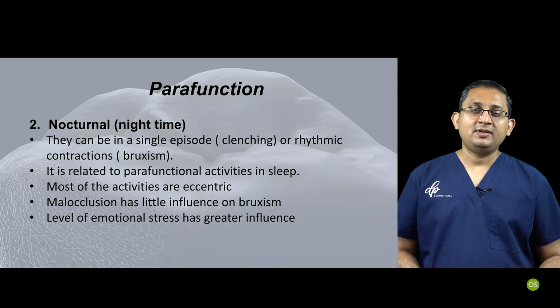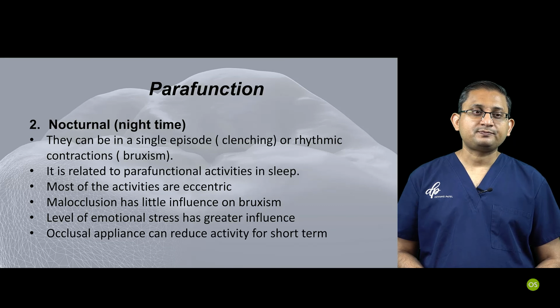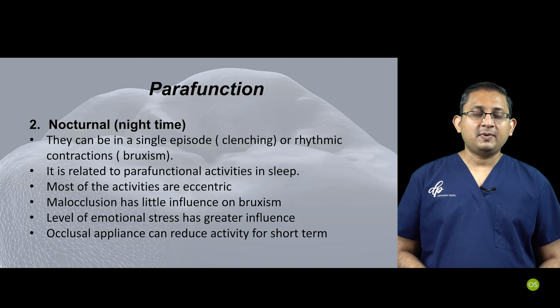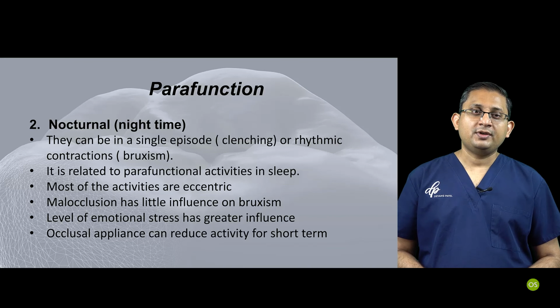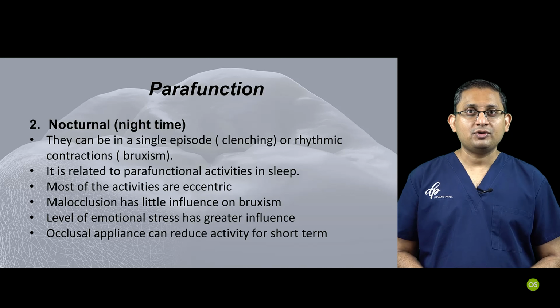However, increased emotional stress is one of the main reasons why patient brux. It's not the only reason, as I said, it's quite complex, and you need to really consider all the rest of the contributing factors.